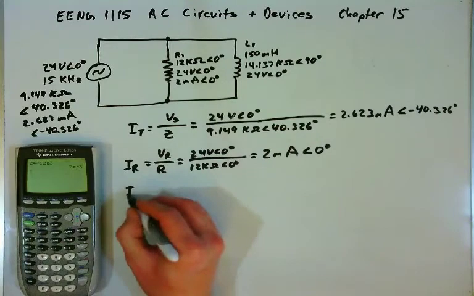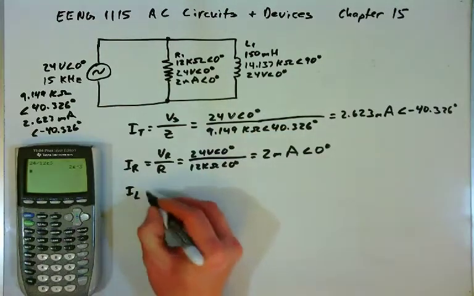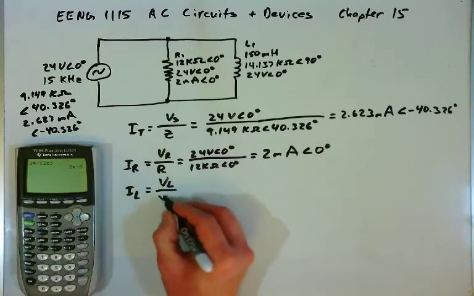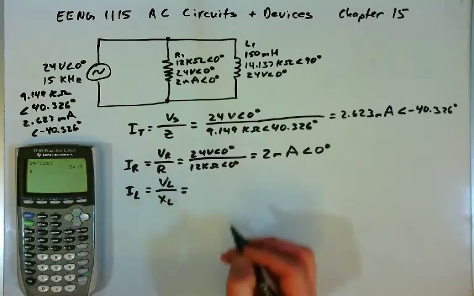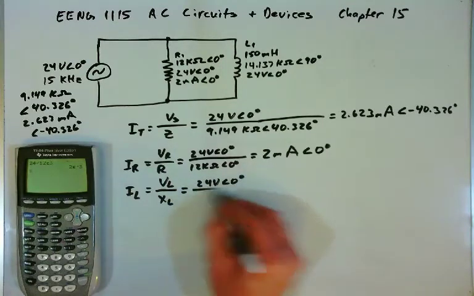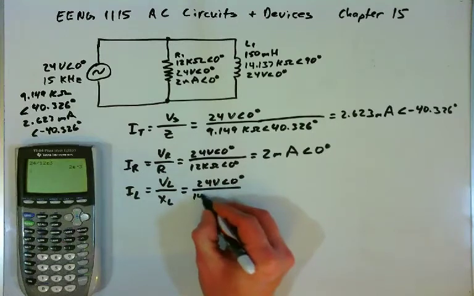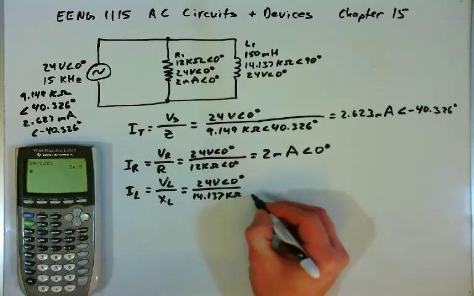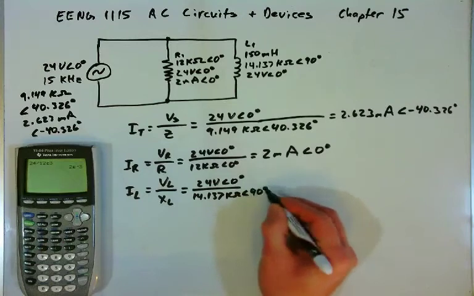And then finally I'll find the current through the inductor, which will be the voltage drop on the inductor divided by the inductive reactance, its equivalent resistance. And so again we have 24 volts at 0 degrees, and we're going to divide by 14.137 kiloohms at positive 90 degrees.